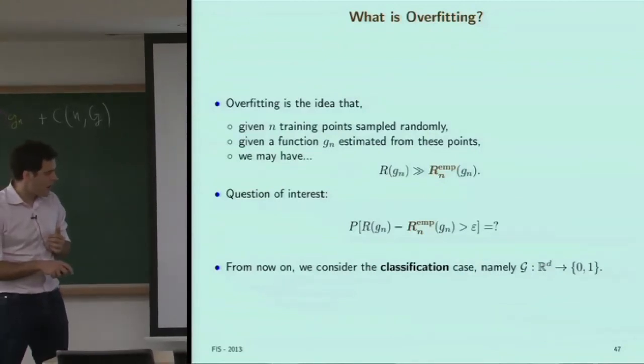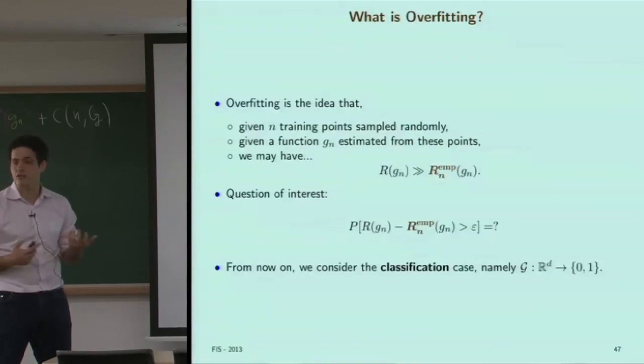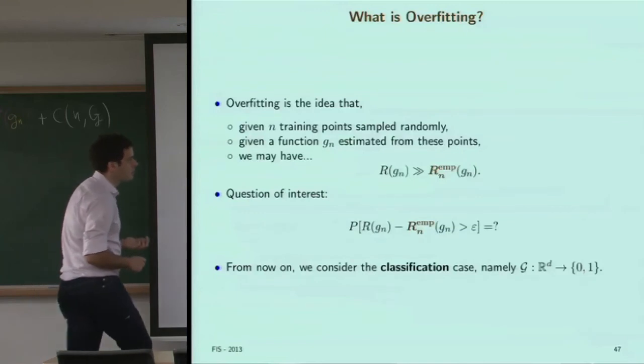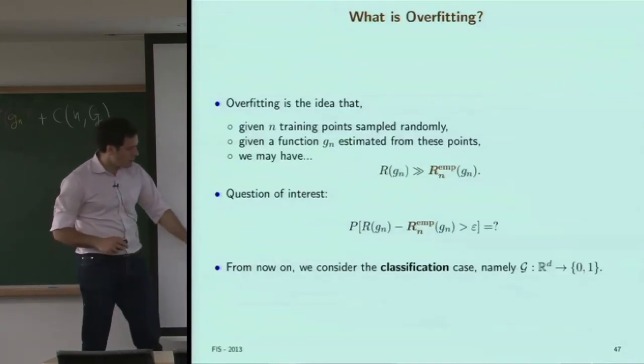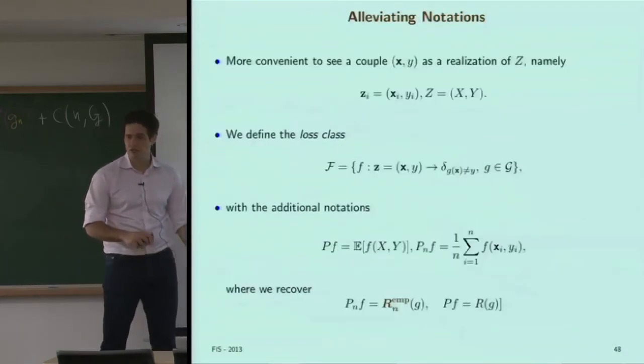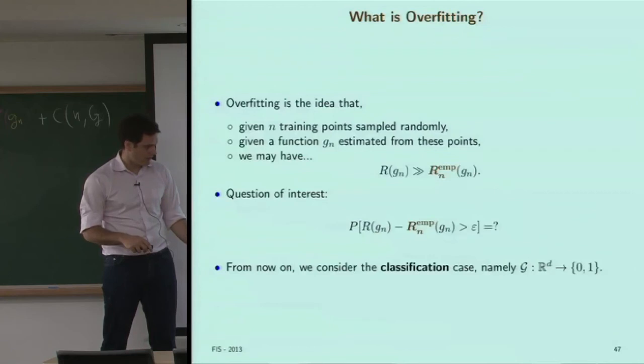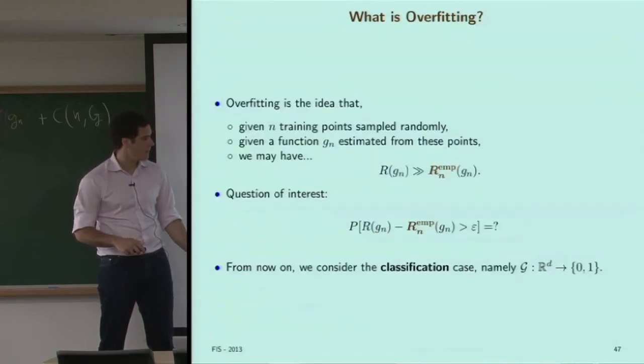Basically, if epsilon is quite big, if this probability is large, then it's really bad. So from now on, we will consider the classification case, which is easier to study than the regression case. So all the functions that we will talk about are functions of the type that goes from R^d to {0,1}. Okay.